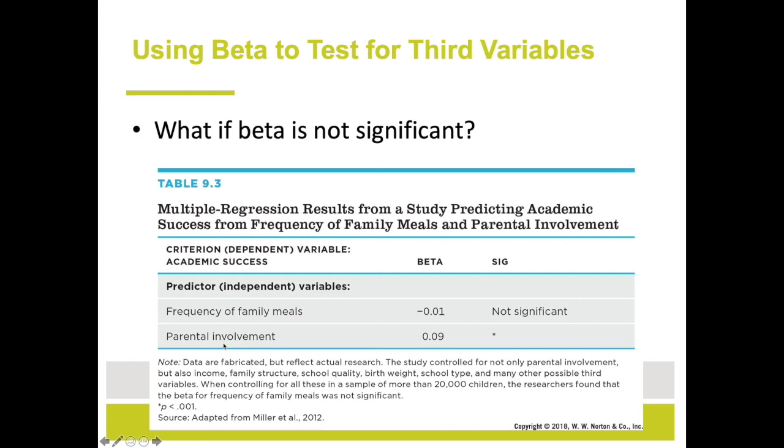When parental involvement is controlled for, the frequency of family meals is not significant, which means it doesn't look like there's any effect. So we don't even need to really consider this beta. Even though it's negative, it just doesn't mean anything. There's really no effect. On the other hand, parental involvement looks like it is positively related to academic success, and it's significant.